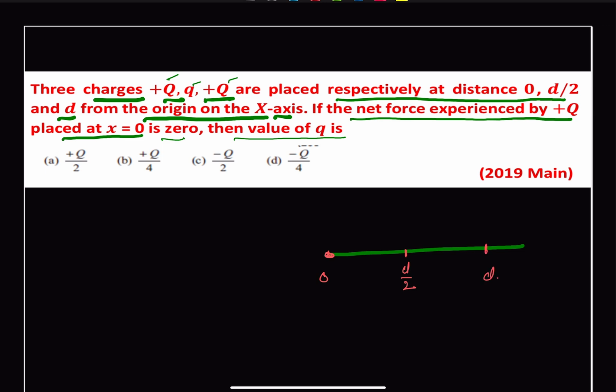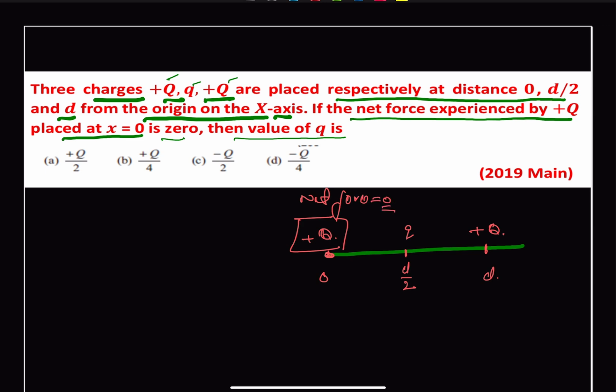At the origin we are having a charge that is plus capital Q, d by 2 is small q, and d is also plus Q. And it says that the net force on this particular charge is equal to 0.